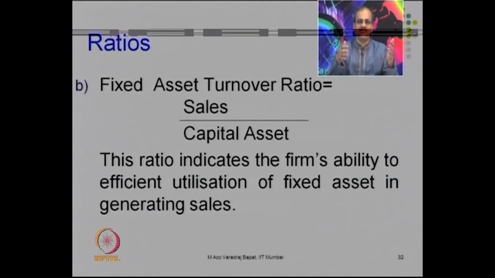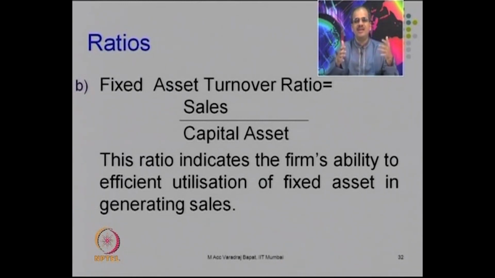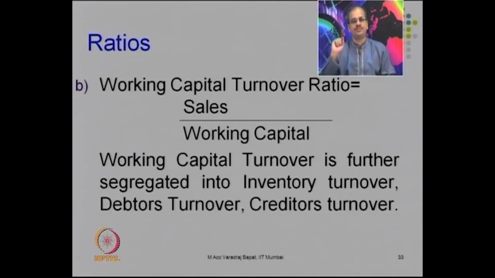Then which is more efficient? It is common sense that a small shop, even with small capital asset size, if they are able to have a sale of 50 lakhs, it shows their efficiency. So we are trying to relate the turnover generated vis-a-vis the capital employed or capital assets used.